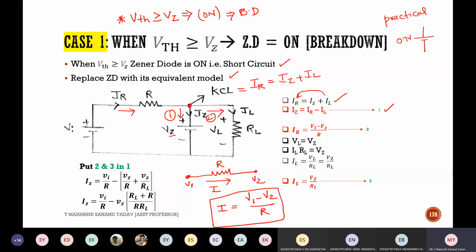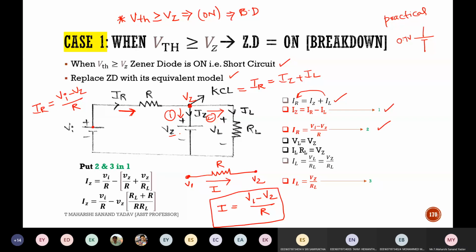The same rule I followed here. So now tell me for IR, it is connected to VI, and at this point you treat this as VZ. So how to write? IR is equal to, you follow this direction of the arrow, VI minus VZ by R. That's it. So IR is equal to VI minus VZ by R.